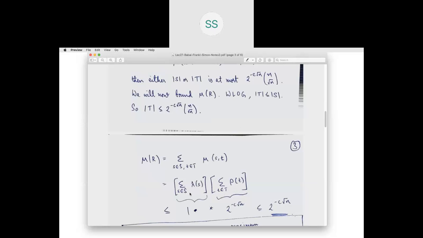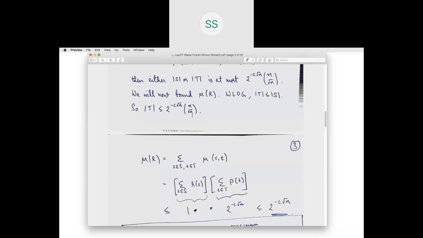And for the summation of the measures of all the rows in S, we don't know what that is. We don't have any bound on the number of rows in S. But we know that if you add up the measures of all the rows, you get 1. So it cannot be more than that. If you replace S by all the rows, you get 1 here. So that is upper bounded by 1. And for the columns, we know that T contains at most a 2 power minus c square root n fraction of the total number of columns being considered.